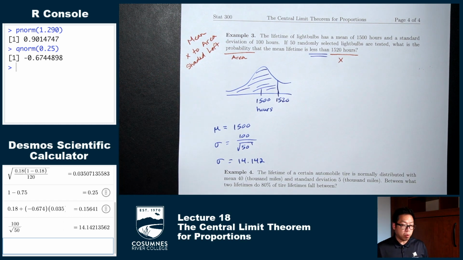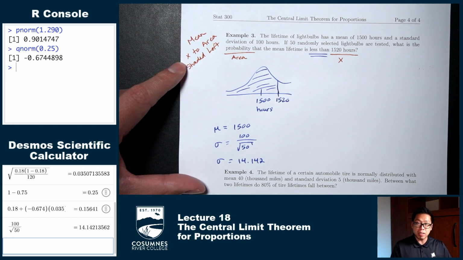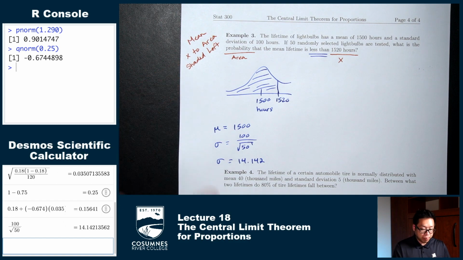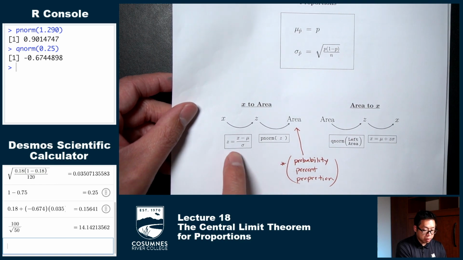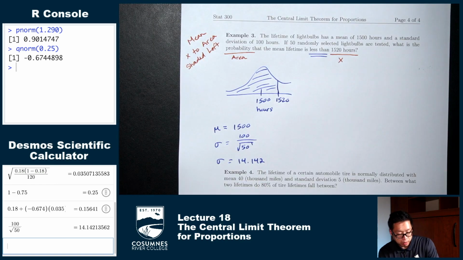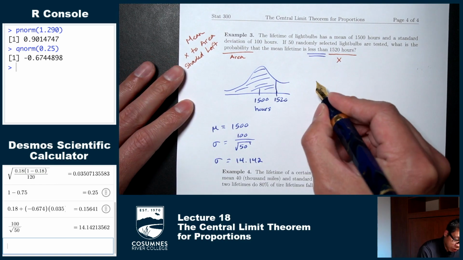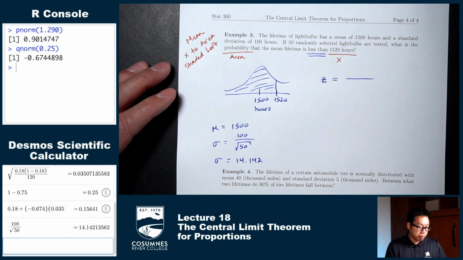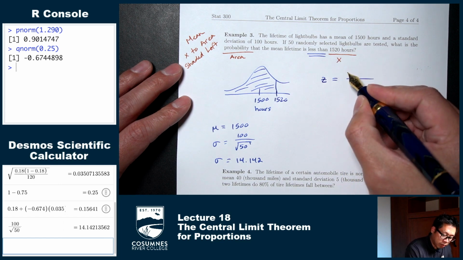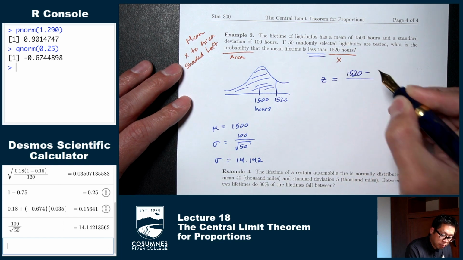So we need to go back and look for an example of an x to area shaded left. The steps will be the same. For an x to area, the first thing I need to do is the z-score formula. So z equals, up top, x. Our x is this 1,520 minus the mean.